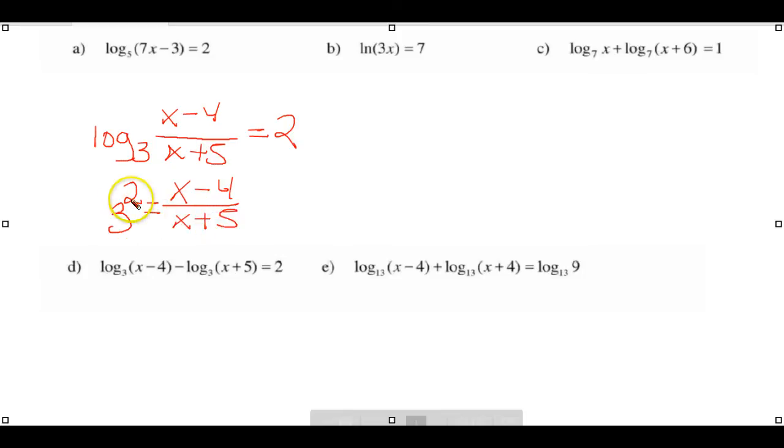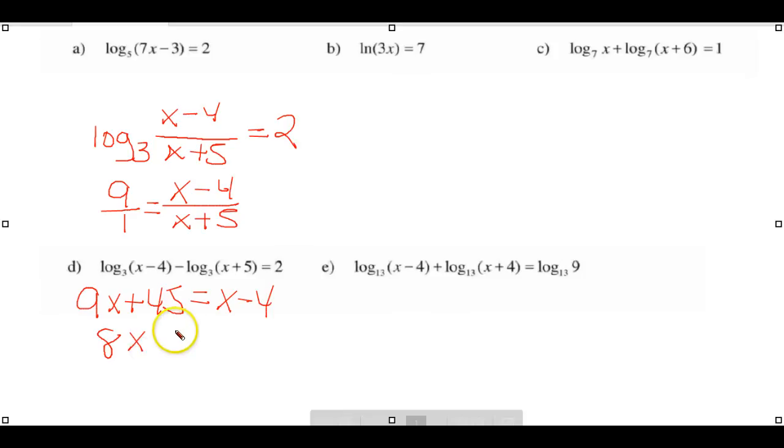Now, 3 to the second is 9. So I'm going to put a 9 here. In fact, 9 over 1. And here I can cross multiply. So I get 9x plus 45 equals x minus 4. Now I'm going to subtract an x from both sides.